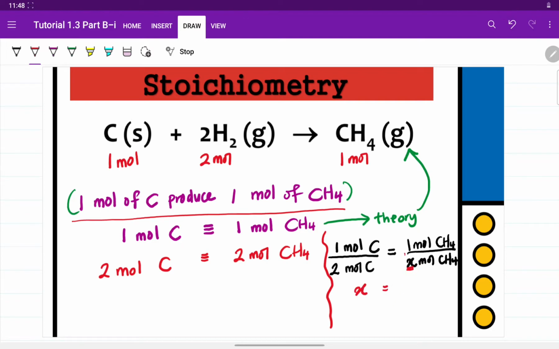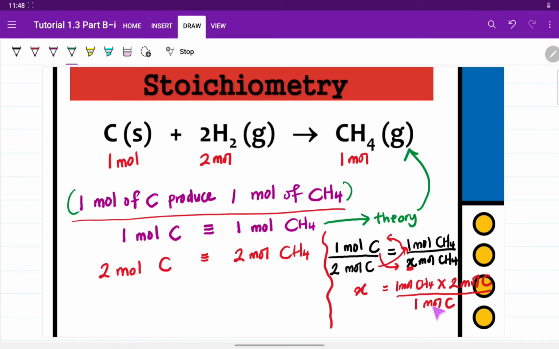Ni naik atas. Jadi 1 mole CH4, this one akan naik ke sini. So, dia akan jadi darab 2 mole carbon over 1 mole carbon, yang ni akan turun ke bawah. X ni tadi adalah kita nak cari berapa mole CH4.